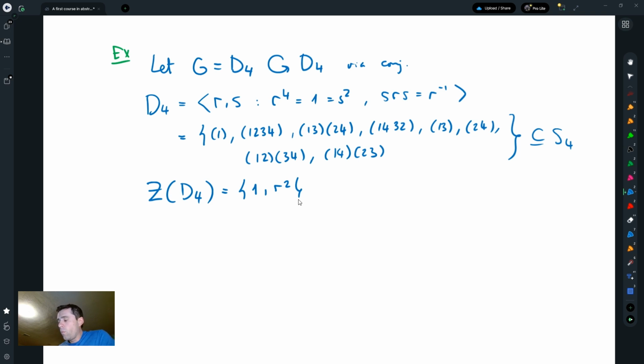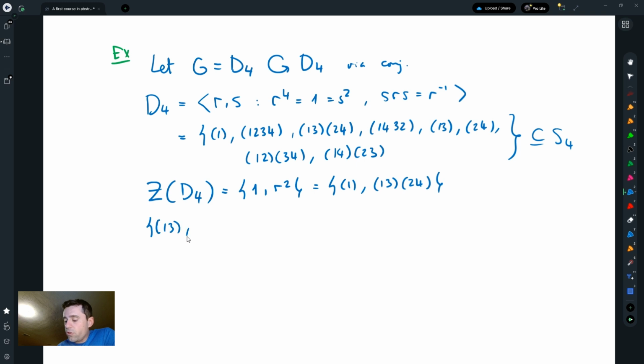Now, what is r squared? r is an element of order 4, and if I square it, I get this. So r squared is (1 3)(2 4). It turns out that these two elements are in the center. Then via conjugation, there are the following orbits.